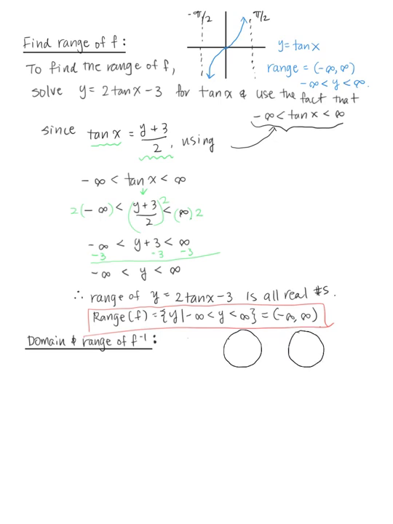So pretend that this is our domain for f of x. So f is going to go from here. So this is the domain of f, and the right hand side would be the range of f. Now remember, f inverse goes the other way around. So this is going to be f inverse.